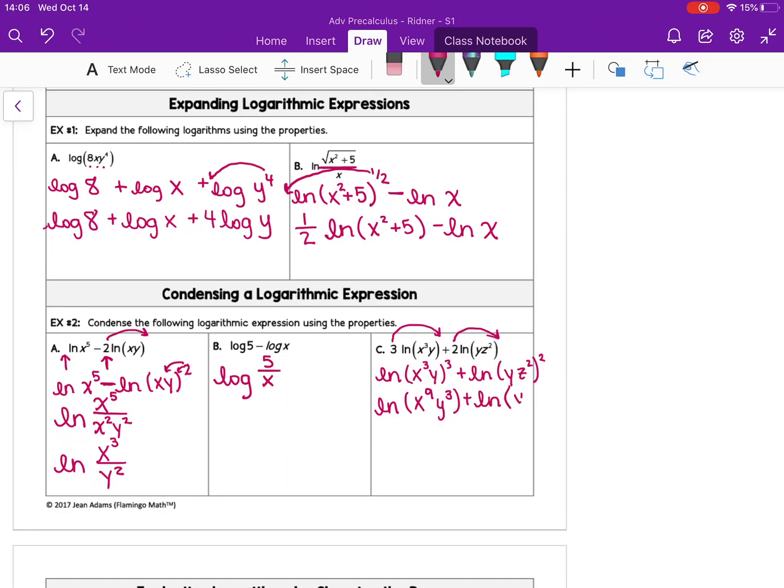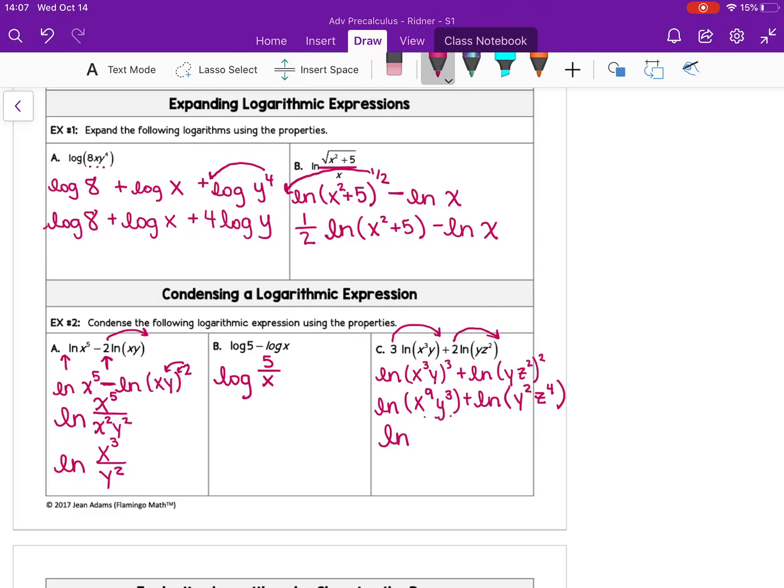So 3 times 3 is 9. Remember, power to a power, I multiply. So ln of x to the 9th y cubed plus ln of y squared z to the 4th.